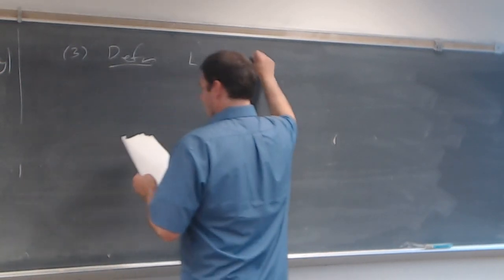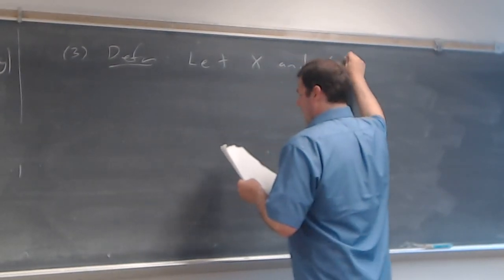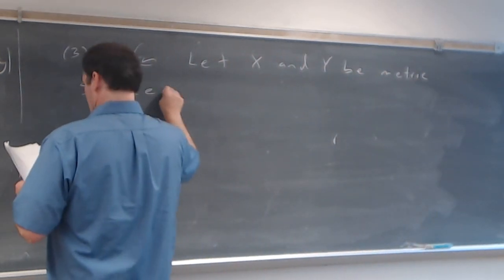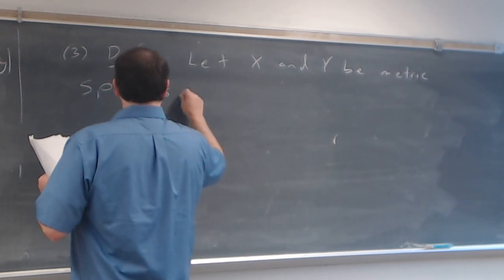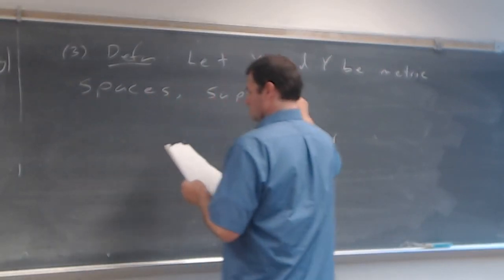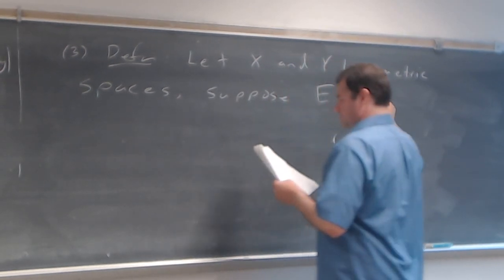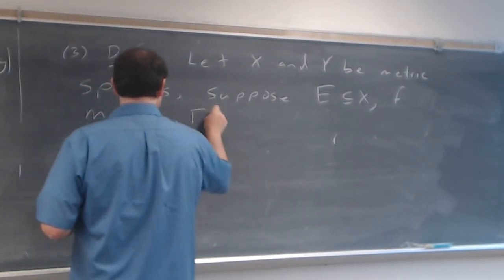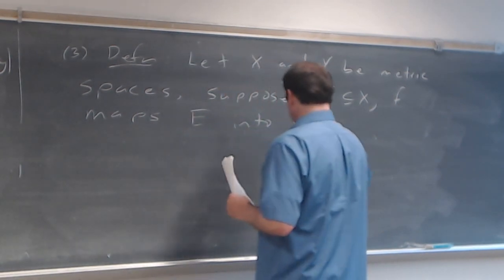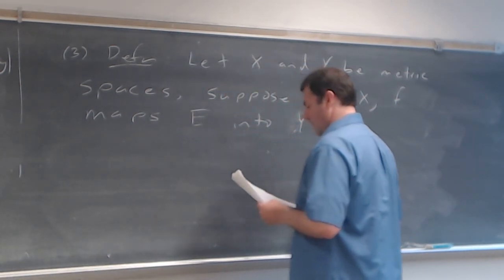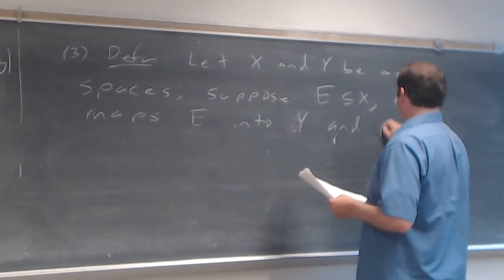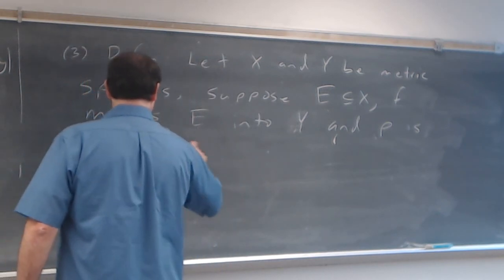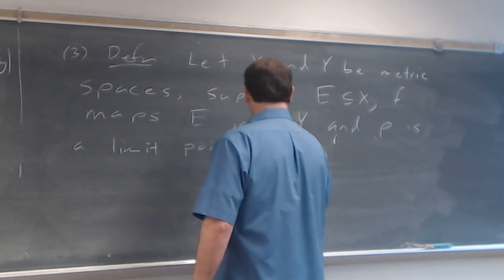If we let X and Y be metric spaces, and we suppose E is a subset of X, and that a function f maps E into Y, and p is a limit point of E.